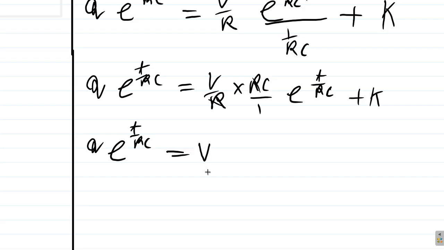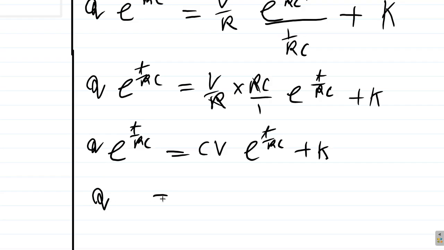cv e to the t over rc plus our constant of integration. Now we want q, so let's transpose for q. Let's divide by e to the t over rc.